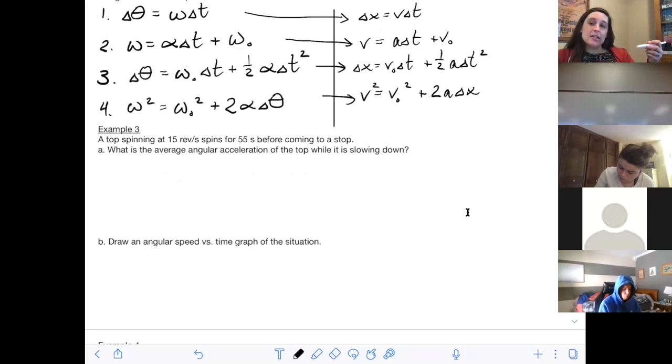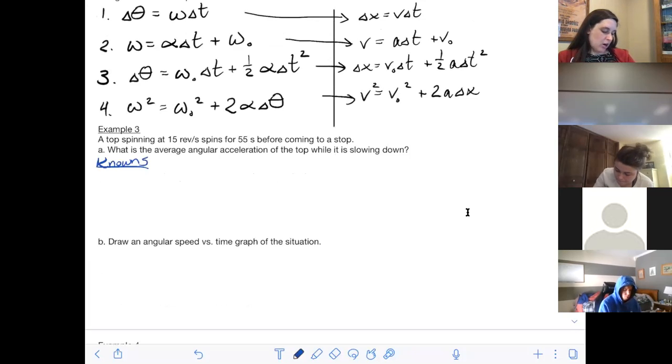Now that reads a lot like the problems that we did in Unit 2. And if you recall, in Unit 2, the way that we solve these problems is we first wrote out all of our knowns. So we know that a top spins at 15 revolutions per second.